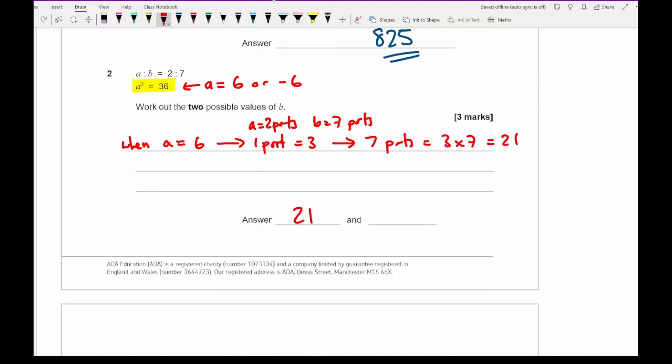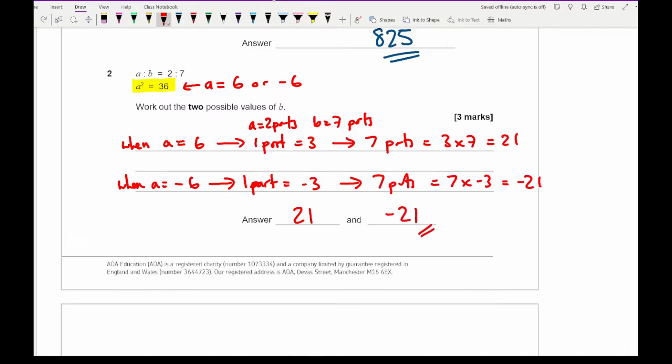So that's one possible answer I could have. Now when a equals minus 6, then 1 part is going to equal minus 3, and 7 parts is therefore going to be 7 times minus 3, which is minus 21. So the two possible answers you could have for b are going to be 21 or minus 21.